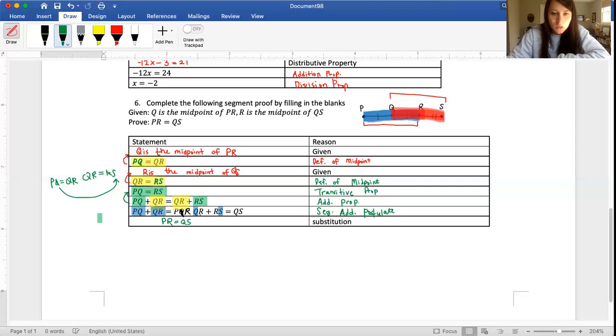And the reason is substitution, and that is because, if I know that PQ plus QR equals QR plus RS, and I've got PQ plus QR is the same thing as PR, and then QR plus RS is the same thing as QS, then I can replace these equal amounts for PR equals QS. So I'm substituting that equivalent amount in and restating that.